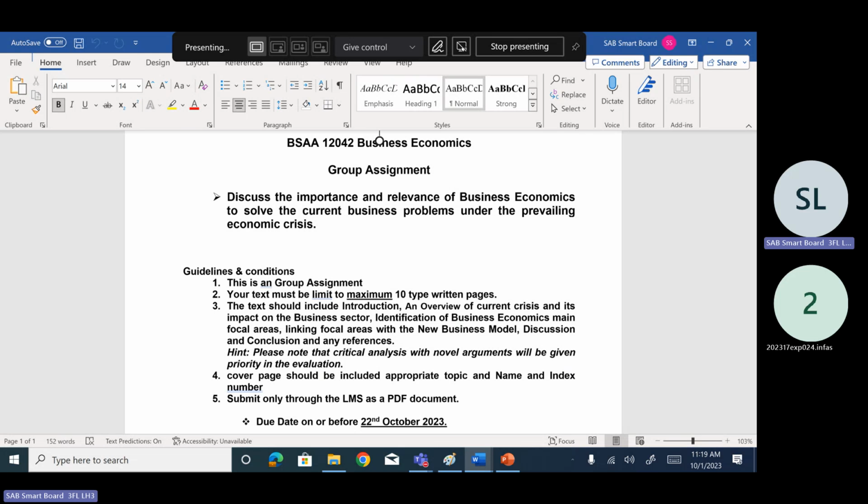There are so many problems we find there. So how is business economics, which includes microeconomics and macroeconomics, applied to identify those problems and to solve those problems? That is the question.